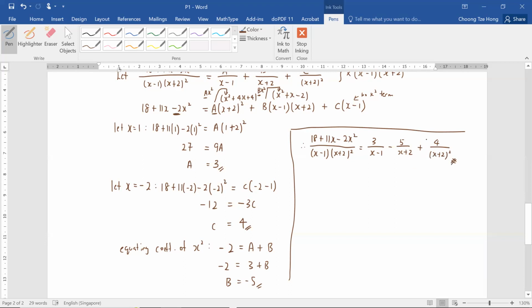So we have successfully broken down this algebraic fraction into partial fractions. So this is the way to solve it.